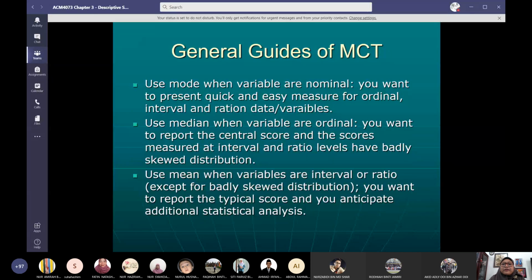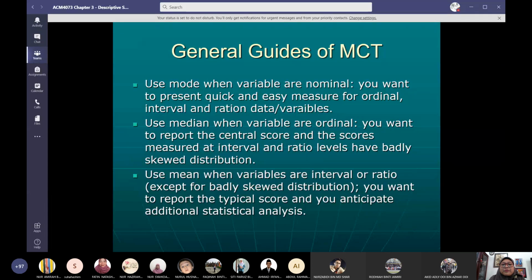General guides of MCT. Use mode when variables are nominal. Remember the table that I showed you much earlier? You use mode when the variables are nominal. You want to present a quick and easy measure for ordinal, interval, and ratio data variables. Use median when variables are ordinal. You want to report the central score and the scores measured at interval and ratio levels have a badly skewed distribution.